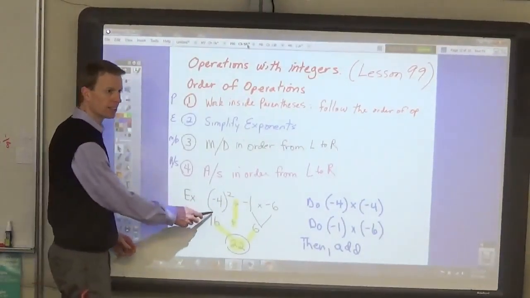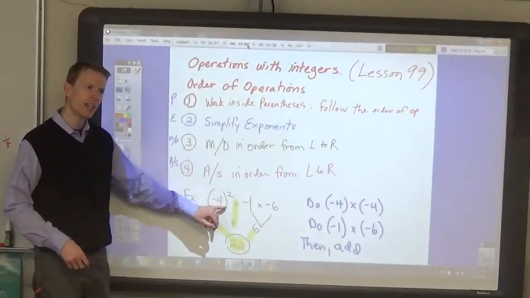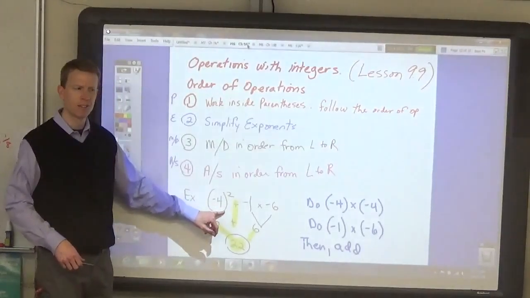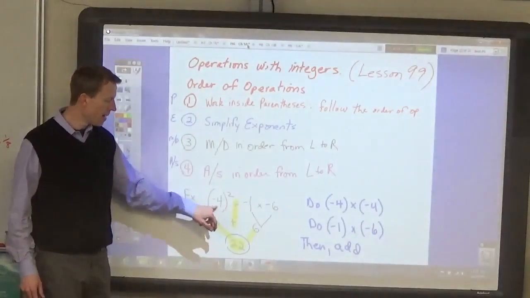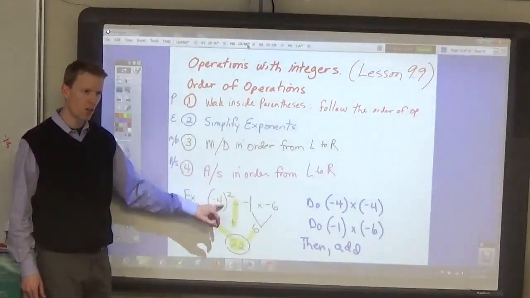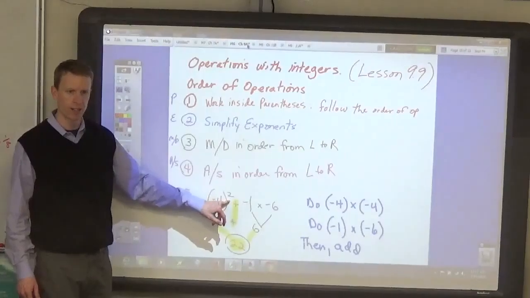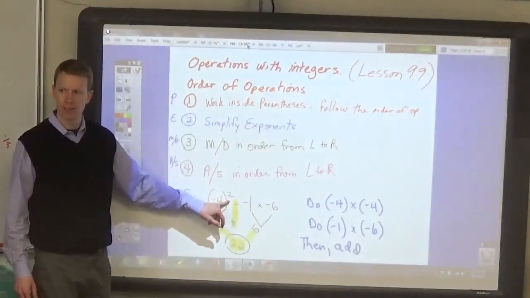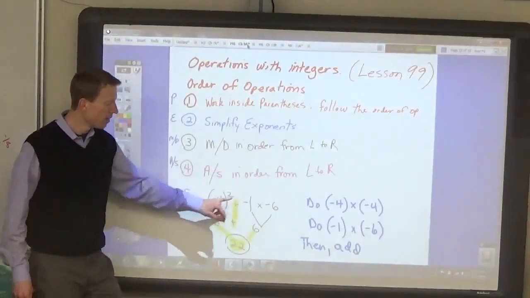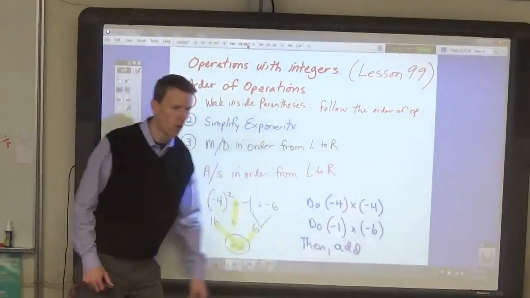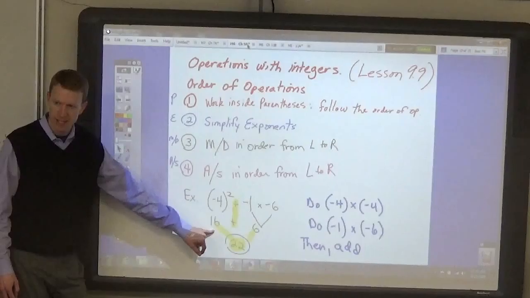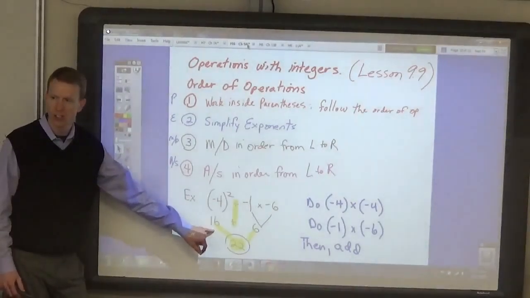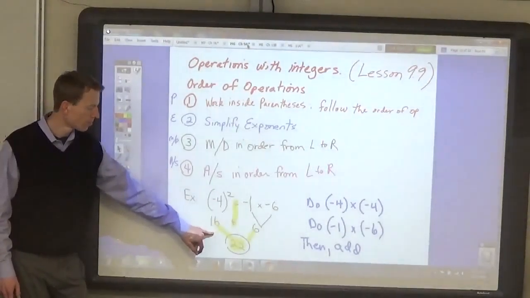Now, there are parentheses here, but are the parentheses doing anything for you? They're just putting the negative 4 together, so you know that negative 4 is being squared. So negative 4 squared is negative 4 times negative 4, and you write the answer underneath it, 16. Make sure that you wrote this down, okay?